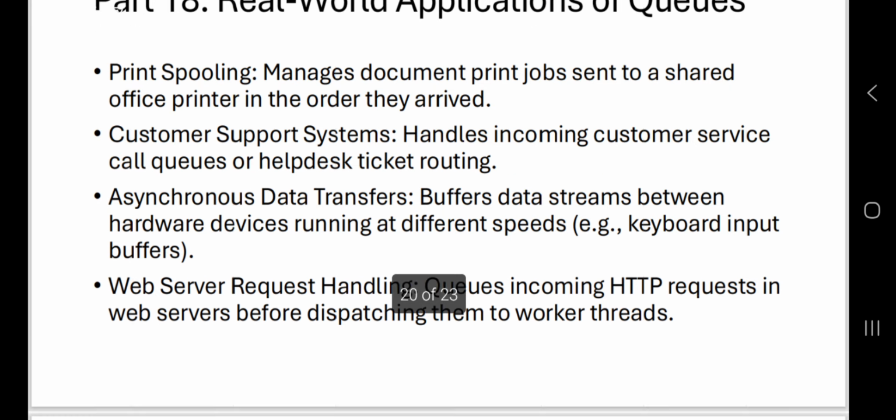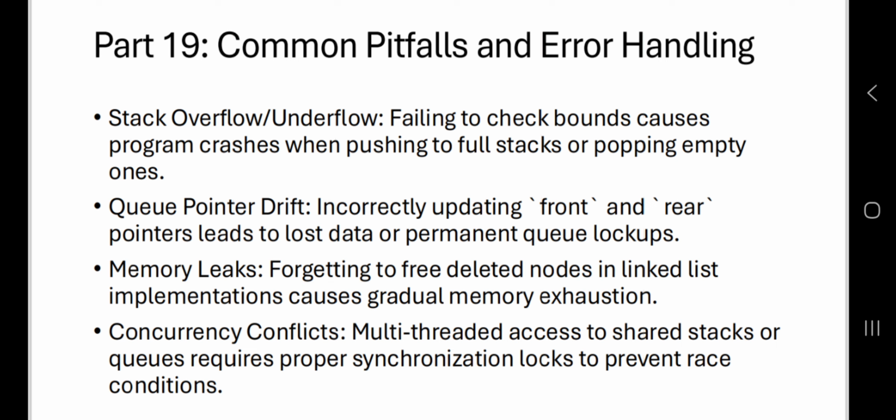Before we conclude, let us talk about the common mistakes to avoid. In part 19, the common pitfalls and error handling. Stack overflow, underflow. Failing to check bounds causing the program to crash when pushing to a full stack or popping empty ones. Queue pointer drift.